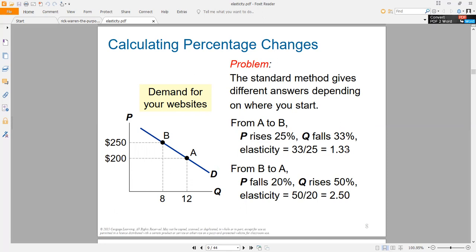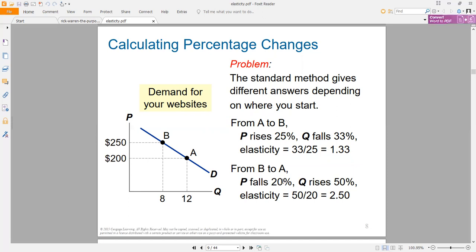Now, the issue is that if we are using this formula, the price elasticity coefficient that we get depends on the direction that we are moving, whether we are moving from A to B or we are moving from B to A. This elasticity here is when we moved from A to B. Now, if we have to move from B to A, then the percentage change in price is going to be 200 minus 250 over 250. 200 is now the new price, minus the old price of 250, over the old price of 250.